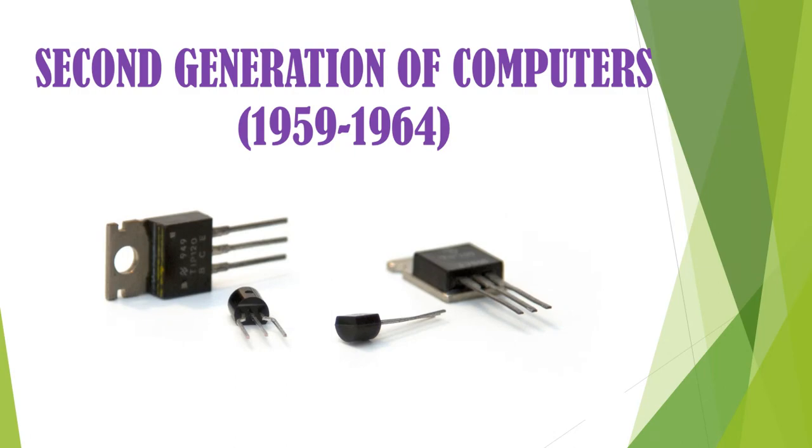The transistor helped the computers to become faster, smaller in size, and cheaper also. The main electronic component of second generation computers was the transistor, and they were smaller but faster, cheaper, and more efficient than the first generation computers.